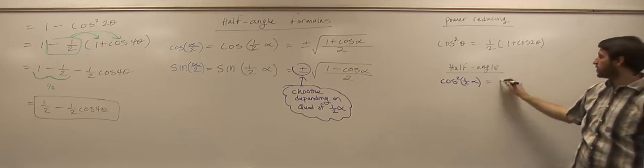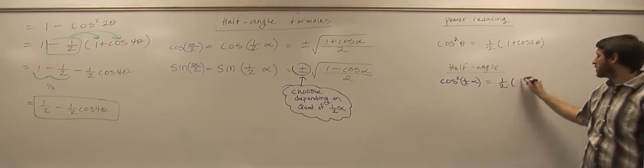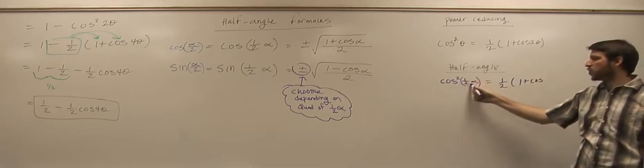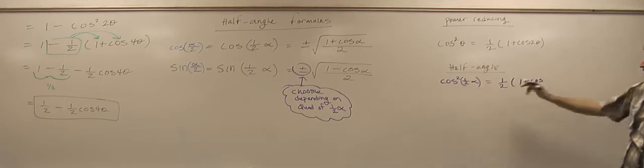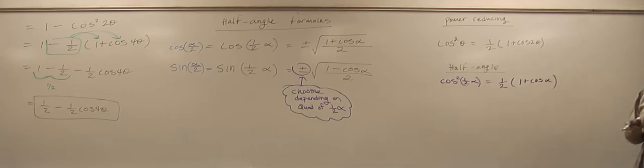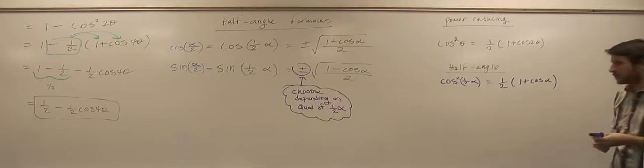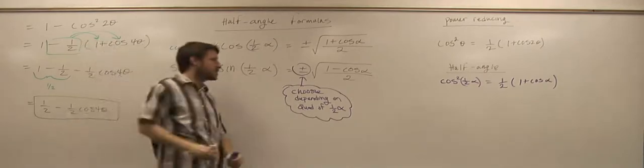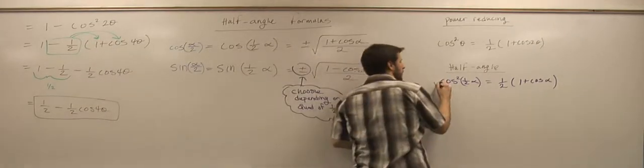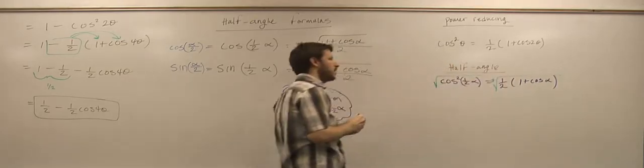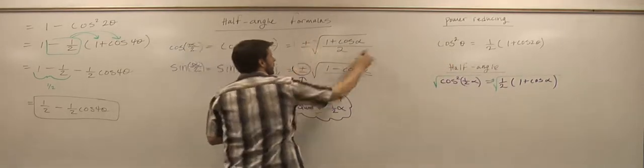The way the power reducing formula works is you exchange the power for twice this angle. So if you double 1/2 alpha, I'm done. Square root both sides to get rid of the square. Then you have this one.